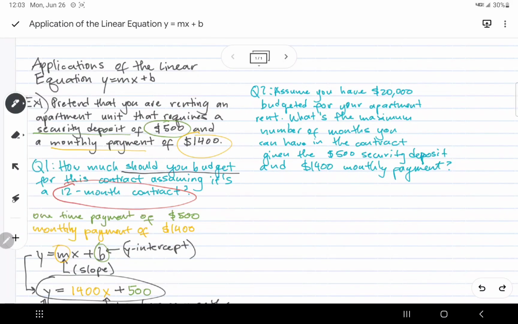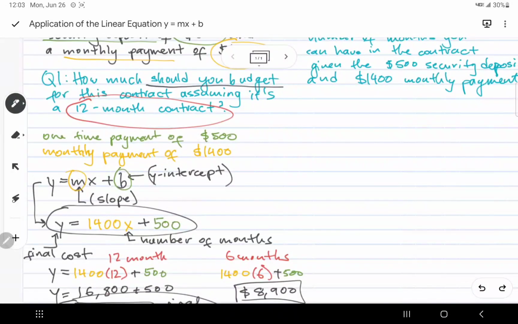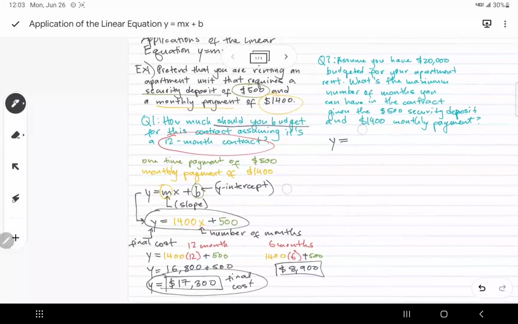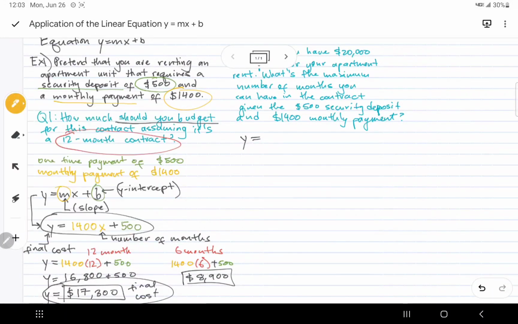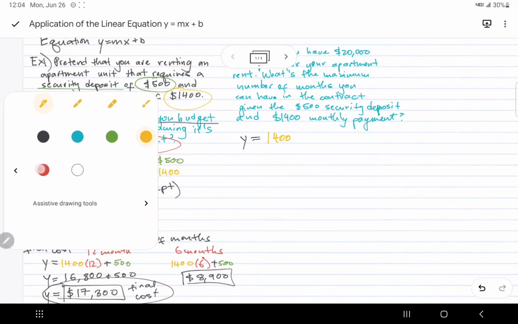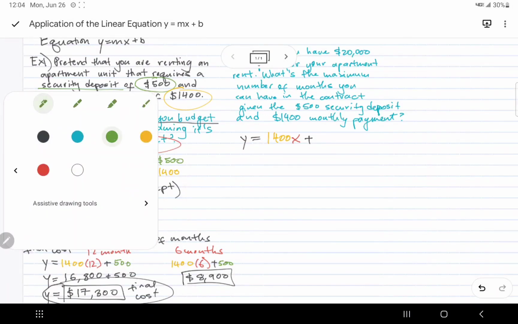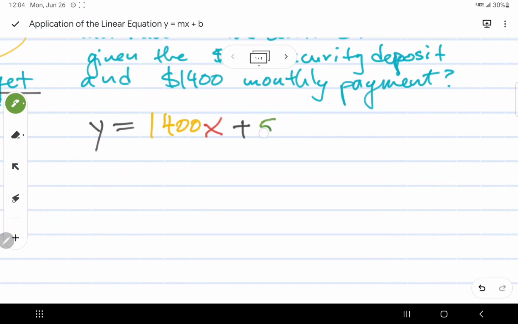Now, so let's rewrite that equation. Remember, we formed this equation right here, so we will just rewrite this equation up here, in which we have y equals 1400x, with 1400x denoted in red, plus the security deposit of $500.